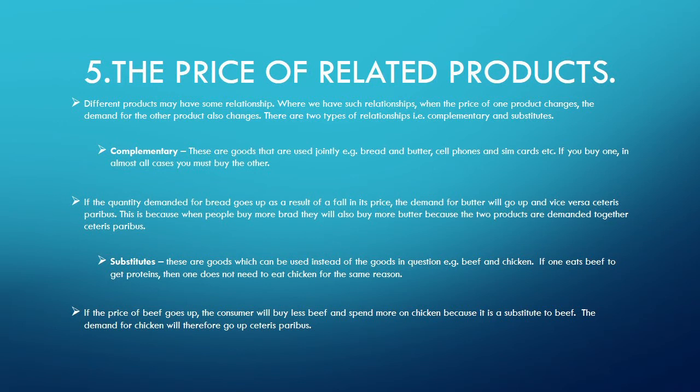This is where goods are used together or jointly, e.g. bread and butter, cell phones and SIM cards, etc. If you buy more of one, in almost all cases, you must buy the other.